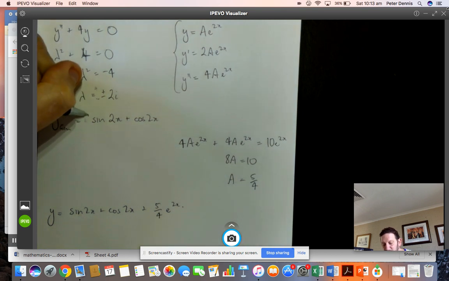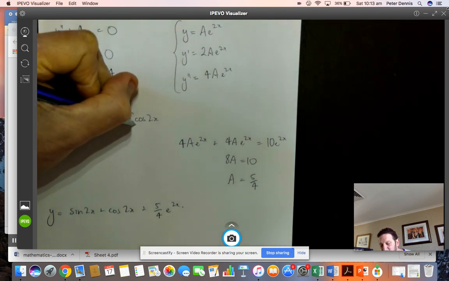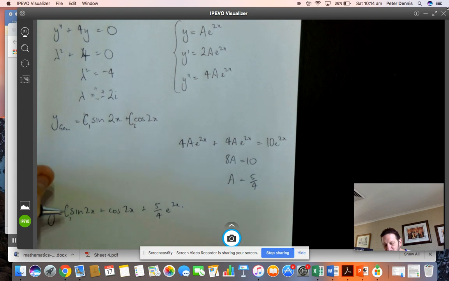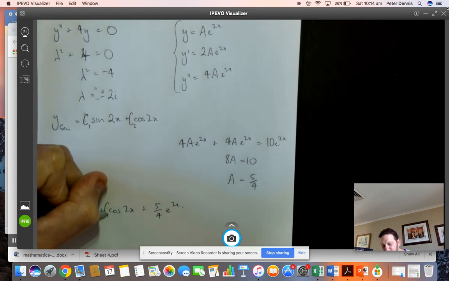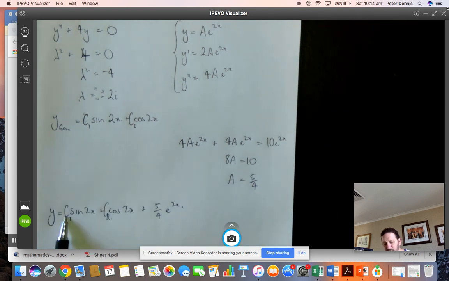Sorry, there should be some C1 and C2 here, because we haven't got initial conditions for these ones, so we don't know what they are yet. This is like a constant, perhaps. Initial conditions we will use to solve C1 and C2.